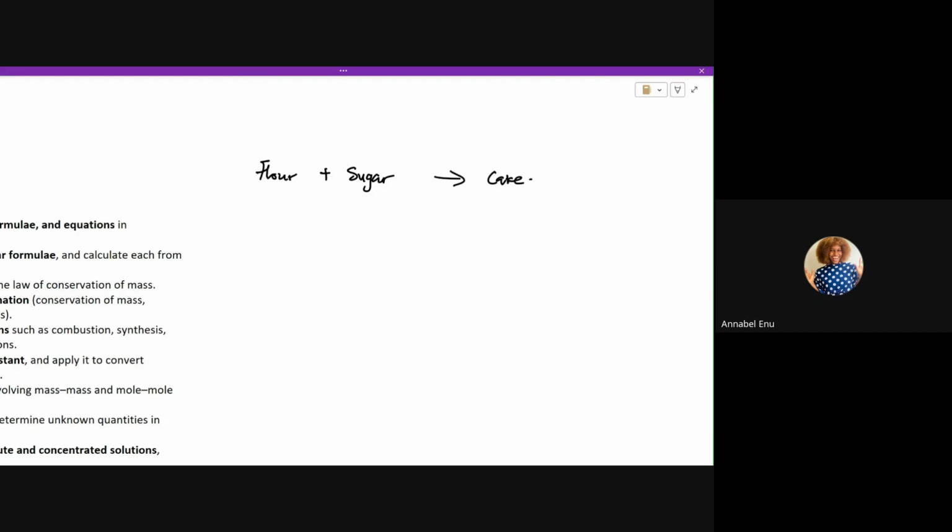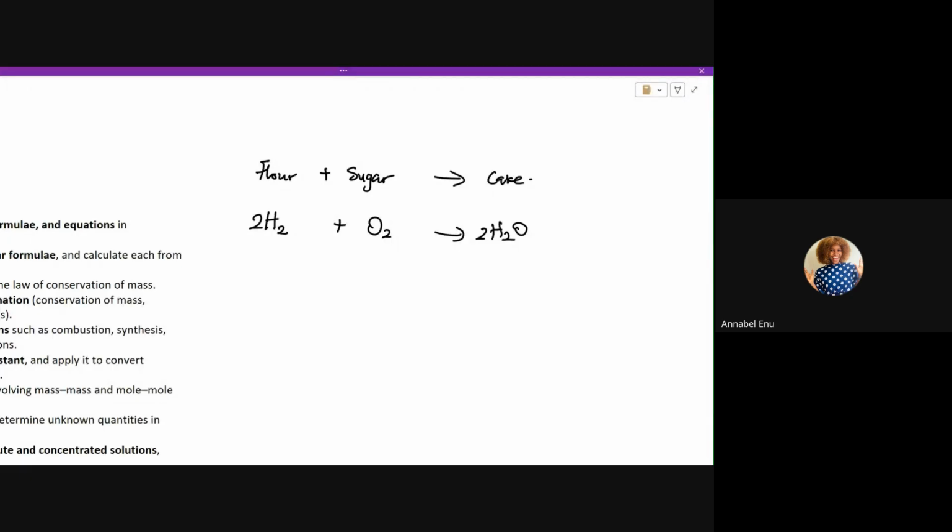So if we want to put it in the chemistry way, let us say H2 plus oxygen to give us H2O. When we do something like this, we have to balance it.